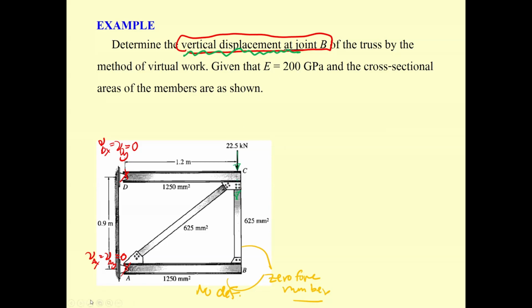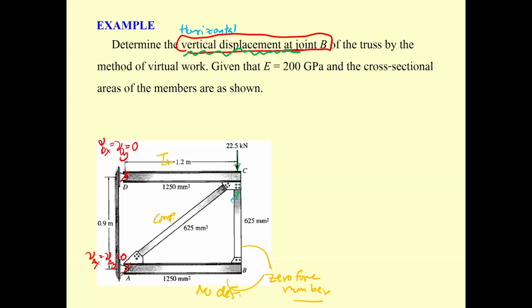It should also have this deformation, which is going to be the horizontal displacement at point B. Why do you assume that? I assume this one because under the force, this member is going to be in compression.